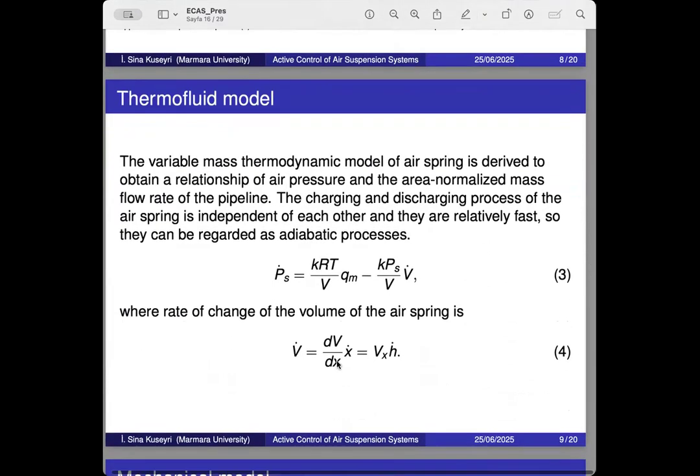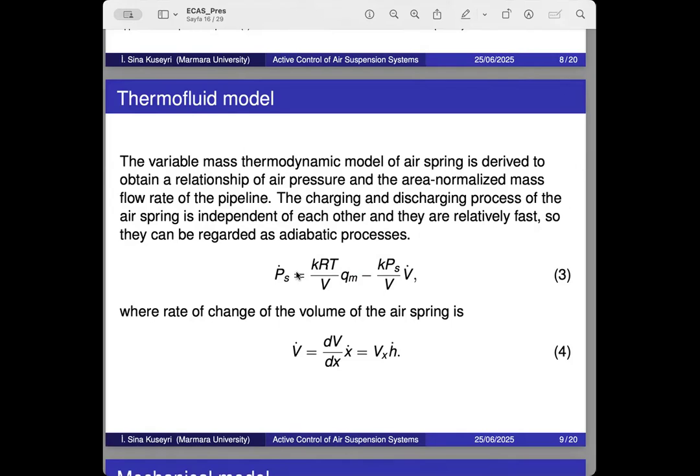So the variable mass thermodynamic model of the air spring is derived to obtain a relationship between air pressure and the area normalized mass flow rate of the pipeline. The charging and discharging process of the air spring is independent of each other and they are relatively fast, so they can be regarded as an adiabatic process as shown in equation number 3.